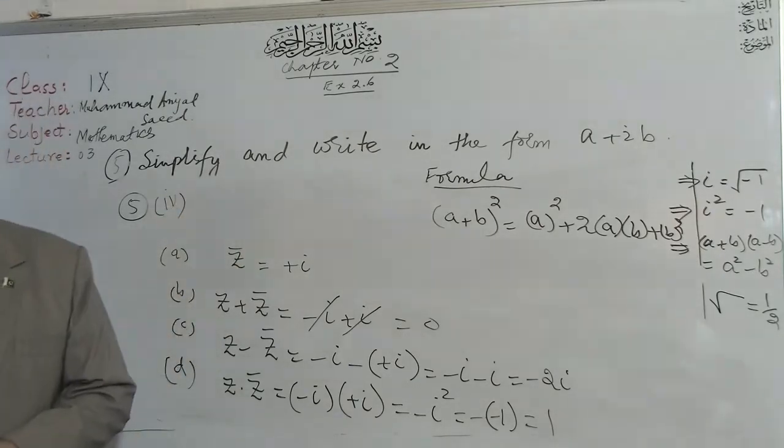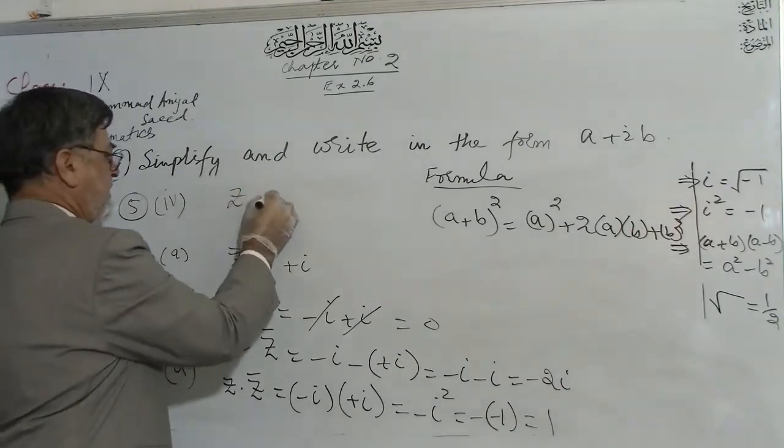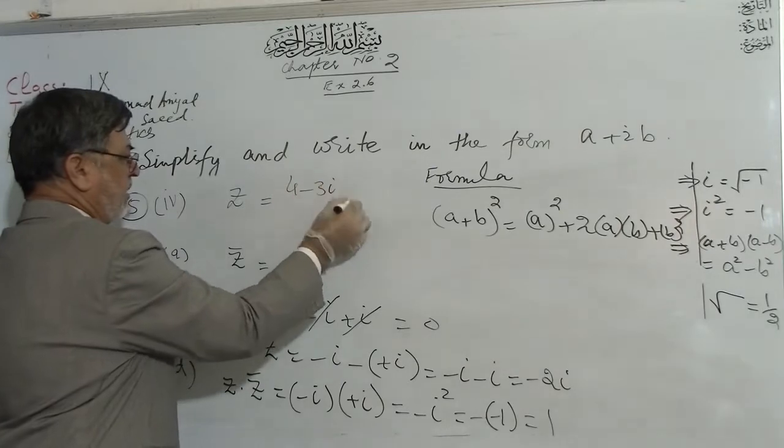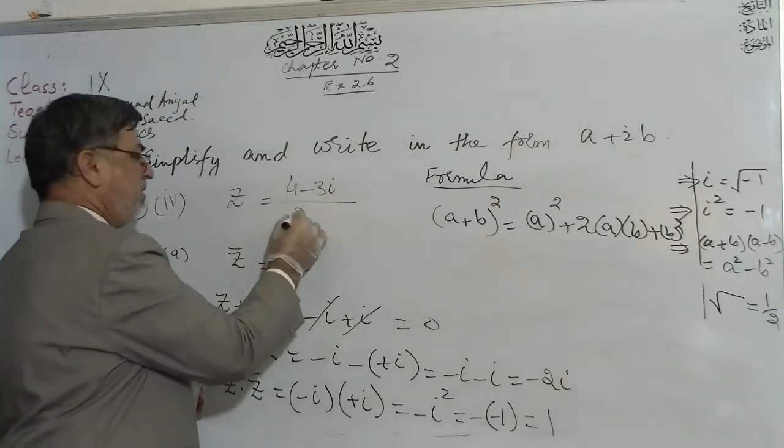Part number 4 is z is equal to 4 minus 3 iota divided by 2 plus 4 iota.